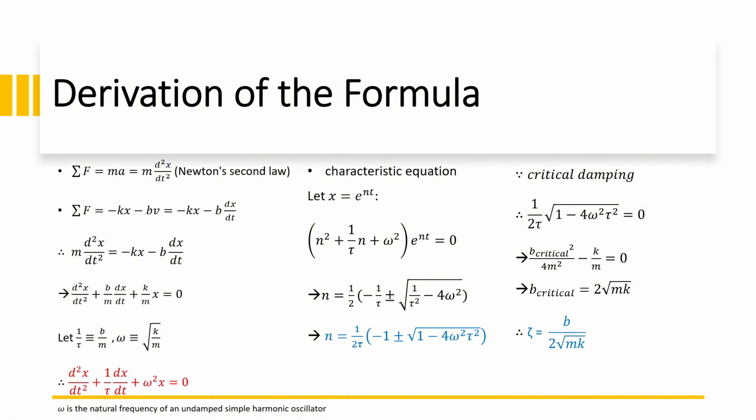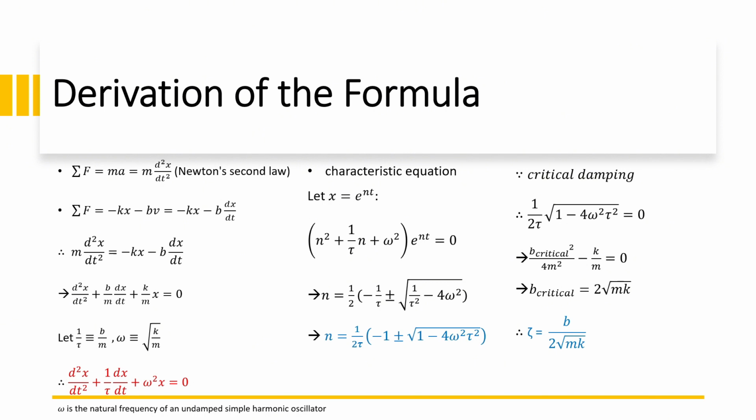Let B, which is the damping coefficient divided by the mass of the object, be equal to 1 over tau, and omega, which is the natural frequency of an undamped simple harmonic oscillator, be equal to the square root of the ratio of the spring constant and the mass of the object. We can get this equation, which is the second-order linear homogeneous differential equation.